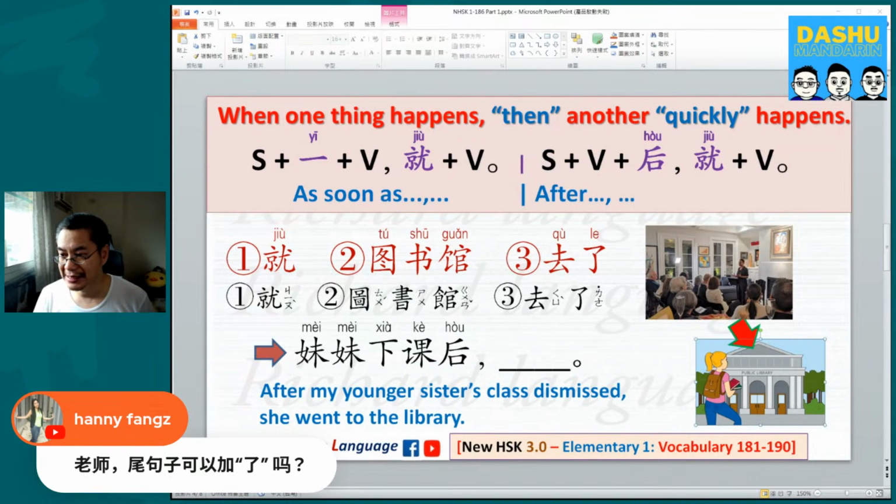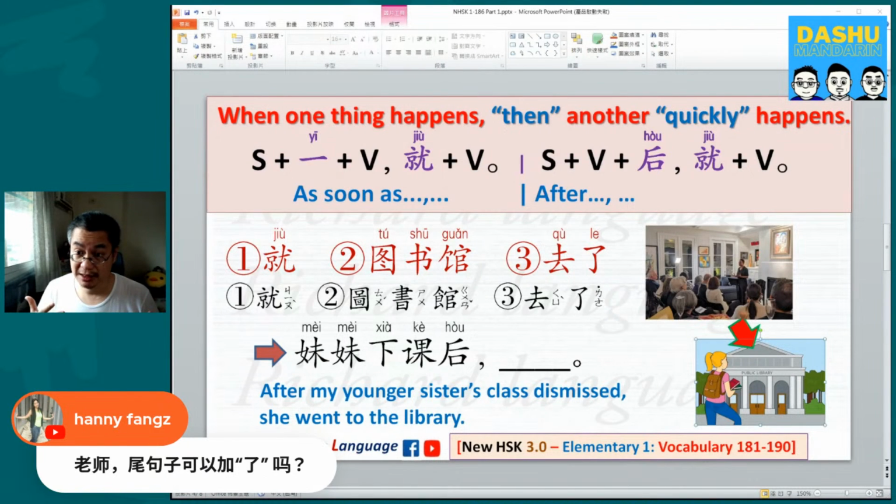句子最后可以加上了吗? For example, 他一起床就去刷牙了. Yes, you can add a 了 if you want to emphasize the completed action. Whenever you add a 了 after the verb, you're emphasizing a completed action.